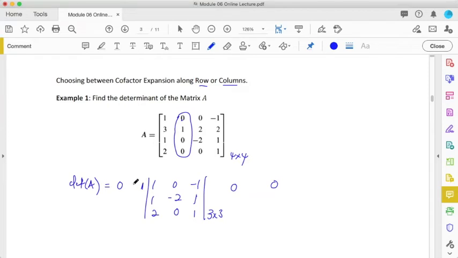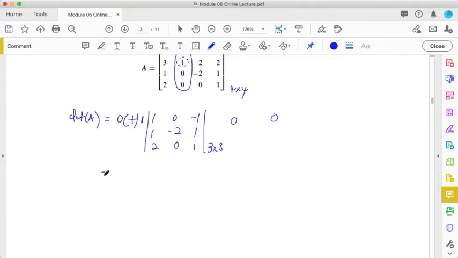And next, we assign the sign pattern. For the coefficient 1, we have this at position row 2, column 2, so it will give us a positive. Okay, so we have 1, and then for the 3 by 3 matrix, we apply the same concept again, which is cofactor expansion. For this one, we choose the one with the most zeros, so we choose column 2.